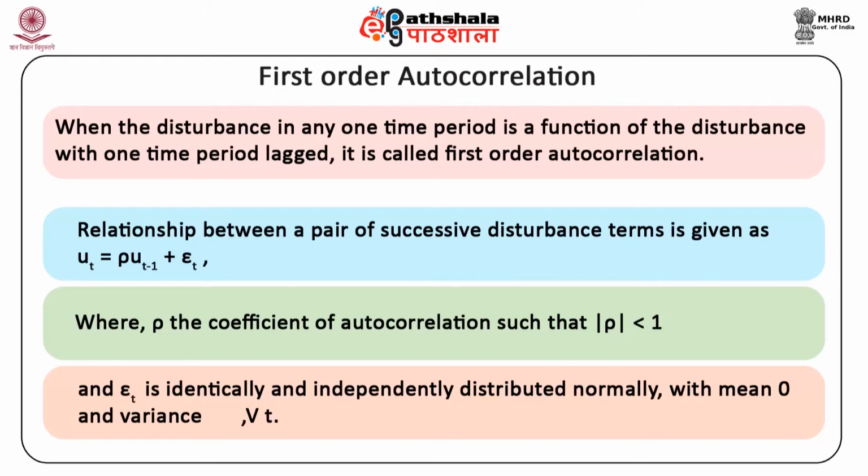This above process is also called first order autoregressive process or AR1 process, and this series of ut is also known as the white noise series with zero mean.